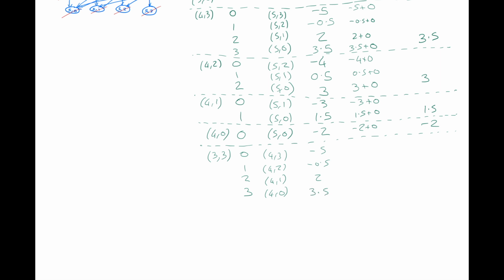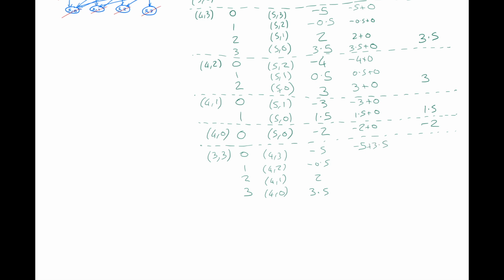Now what will change will be the next column, because instead of going from 4-3 to 5-3, where 5-3 had a certain value, we are now going from 3-3 to 4-3, and 4-3 has a different value that we've already calculated. That's 3.5 on the screen. So here, going from 3-3 to 4-3, defrosting 0 boxes, the action will give us a reward of -5, but ending up in state 4-3 will give us a value of 3.5.